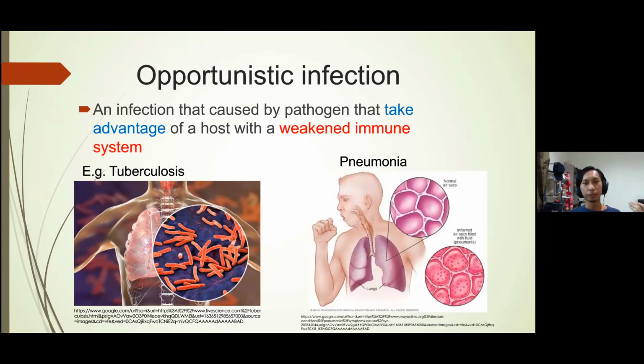But because of a weakened immune system caused by the HIV virus, these infections can infect our body and also threaten our lives. A few examples of these infections are tuberculosis and pneumonia.